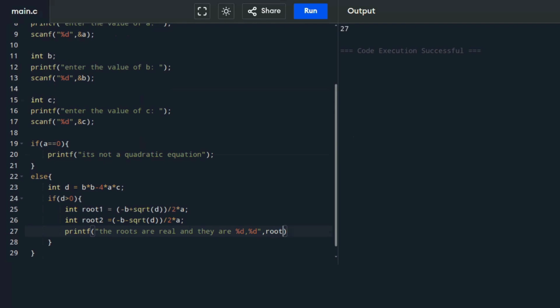So because d is greater than 0, the roots are real and they are percentage d and percentage d. So root 1 will be this, root 2 will be this, and the values of these roots are printed here.